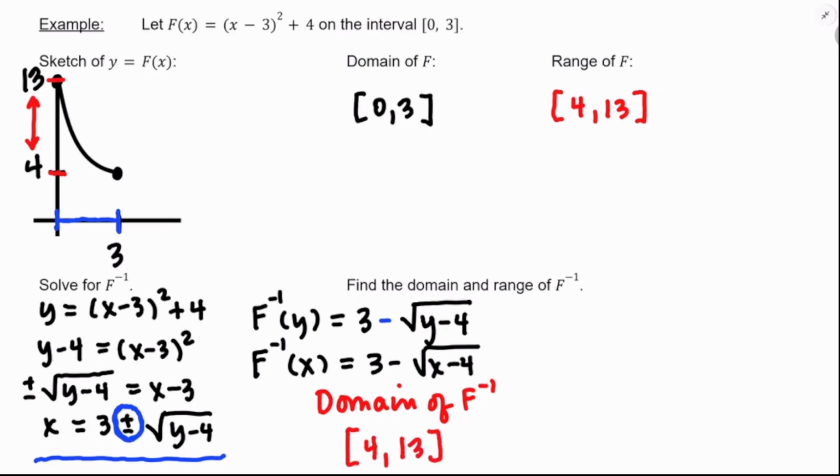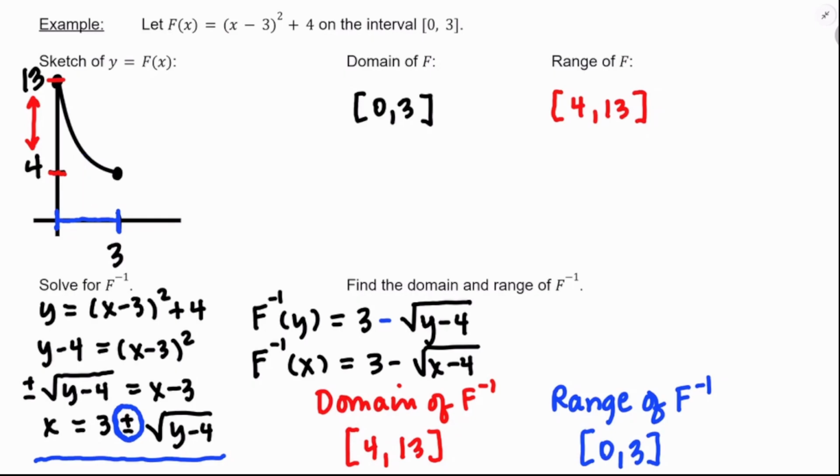And then the range, okay, actually write that in blue. Okay, so the range of f inverse, okay, that's going to be 0 to 3. Okay, and that's not a coincidence. And these are the actual returned input values that we can get from the output values between 4 and 13.